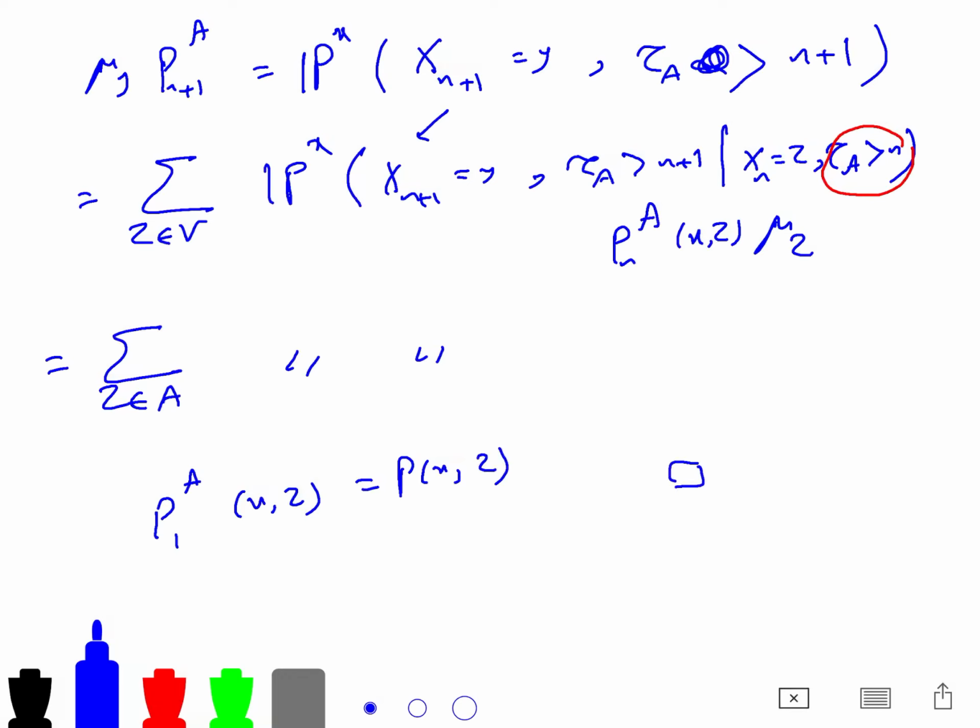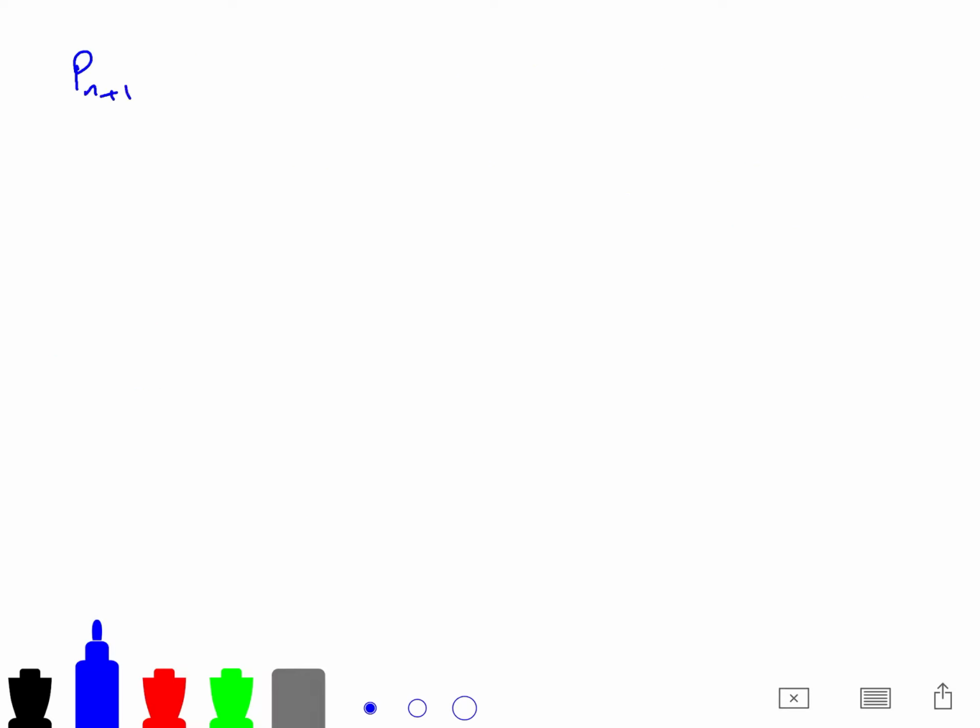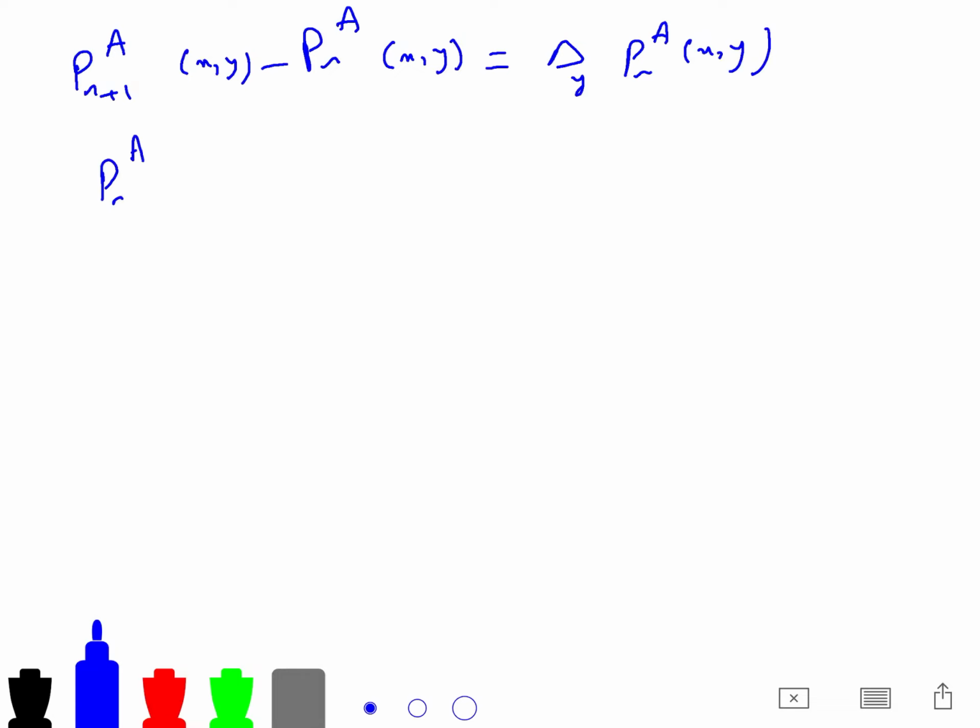But the lemma has another point: we should prove that P_{n+1}^A(x,y) minus P_n^A(x,y) is equal to delta of P_n^A(x,y). We should also prove that P_n^A(x,y) is equal to P_n^A(y,x), so it is symmetric.